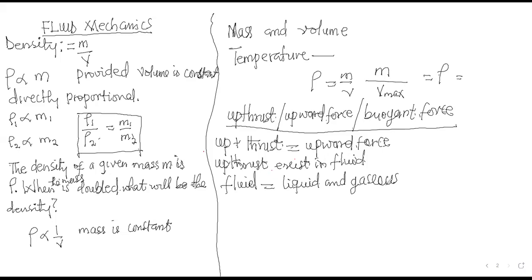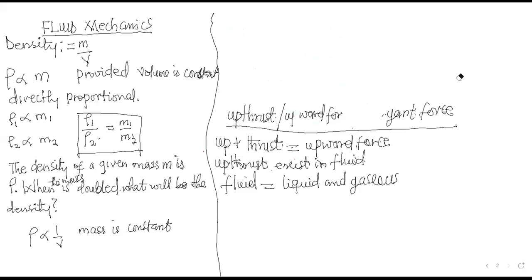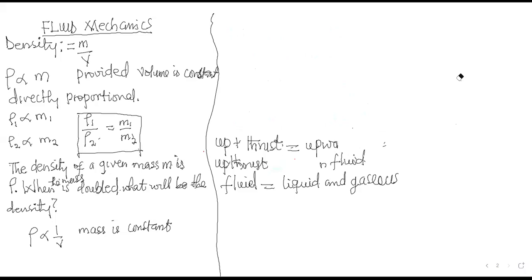Before we even go into upthrust and buoyant force, since we started density, let's use the time to talk of relative density. Then we'll take off from upthrust and its meanings. We've talked of density, and we will need it along the way.